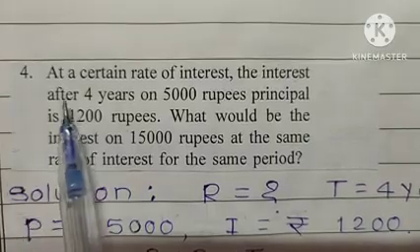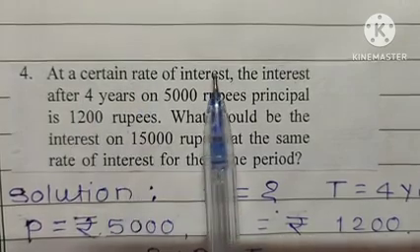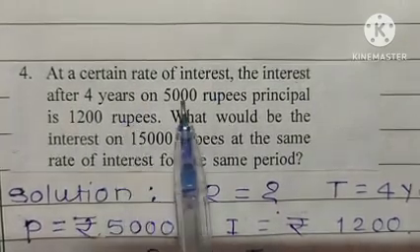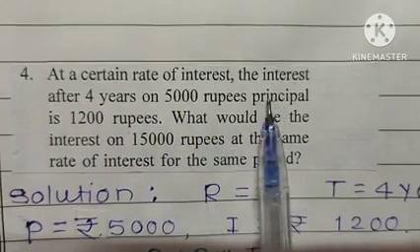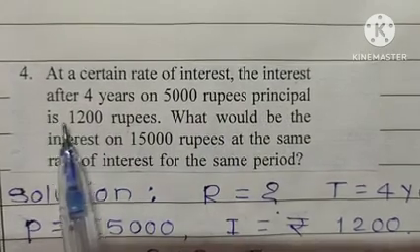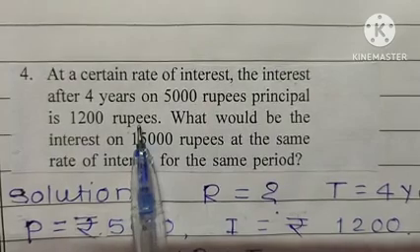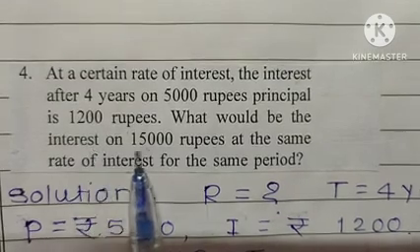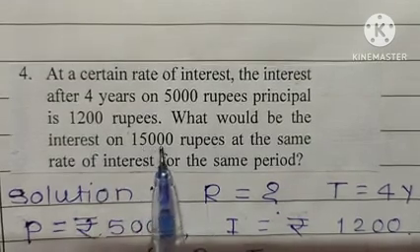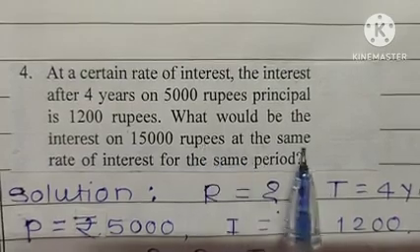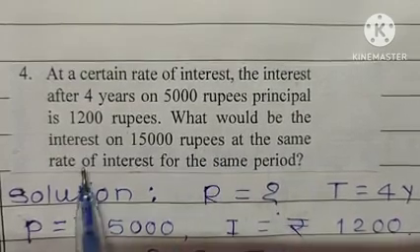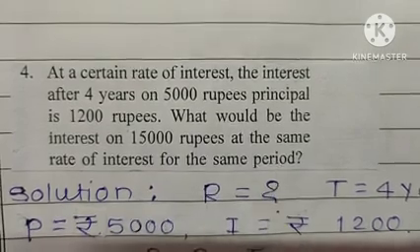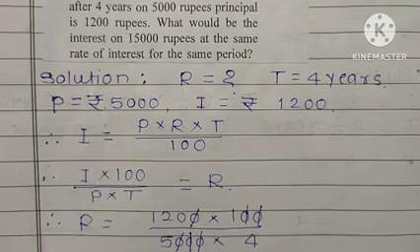Example 4. At a certain rate of interest, the interest after 4 years on 5,000 rupees principal is 1,200 rupees. What would be the interest on 15,000 rupees at the same rate of interest for the same period? Now solution.